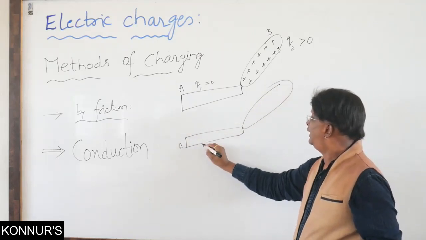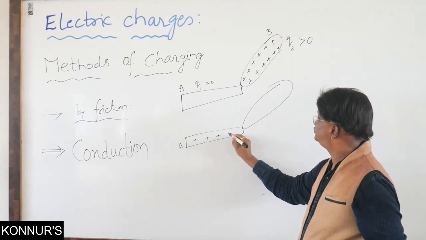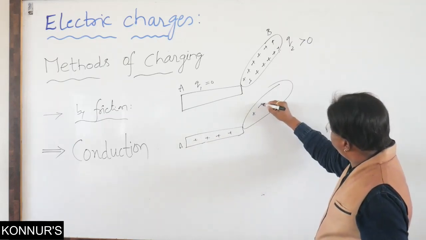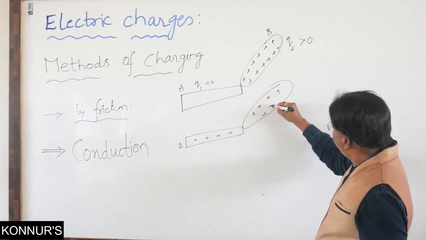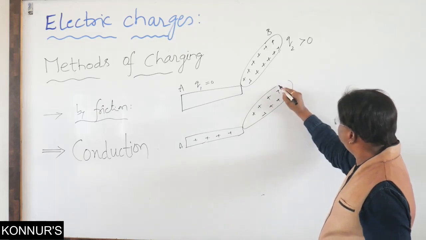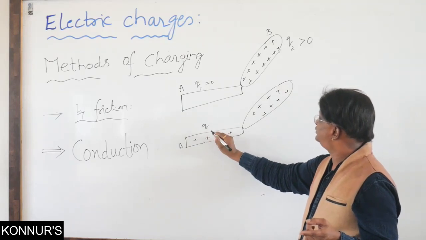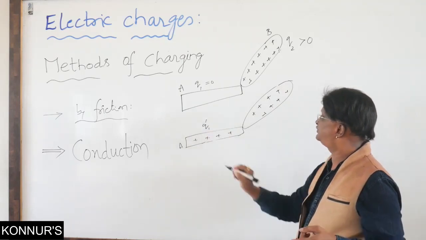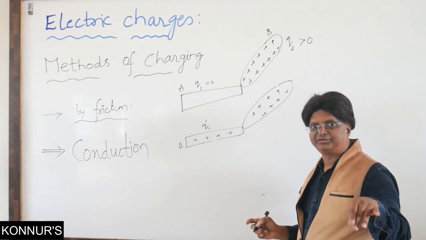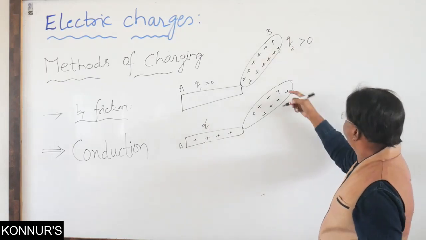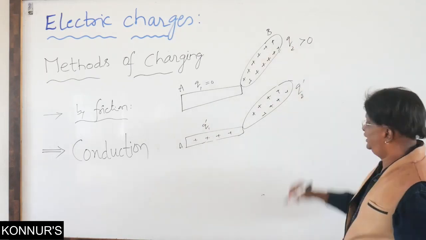Here A acquires some positive charge and there is positive charge on B as well. Now two or three important things, let us have a good understanding. Suppose this charge is now Q1 dash, Q1 becomes Q1 dash. After touching, Q2 becomes Q2 dash.